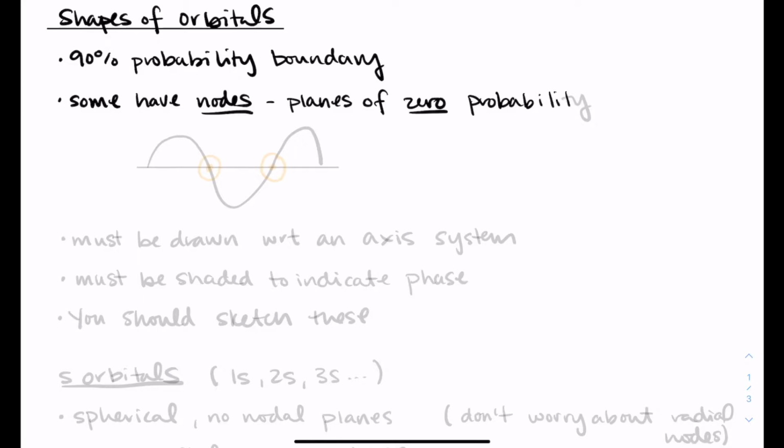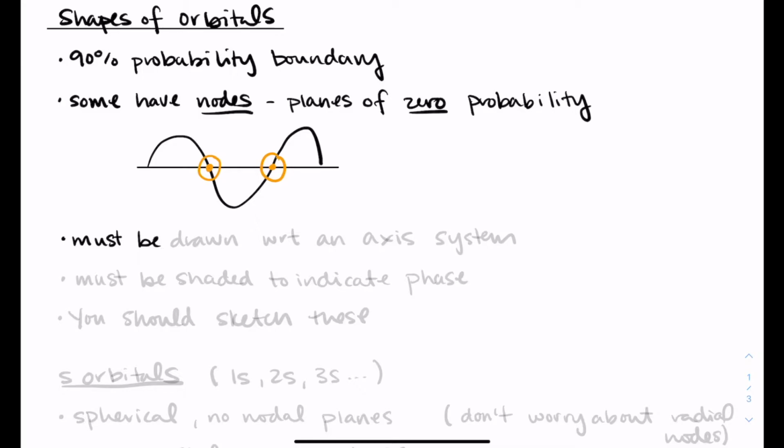Some of these orbitals have nodes, and these are planes of zero probability, and they exist because nodes exist in waves, right? In a wave, there's a point at which it goes through zero to go from a positive amplitude to a negative amplitude. Now, we get the probability by squaring the wave function, but 0 squared is 0. So nodes will continue to exist even when we draw our probability pictures.